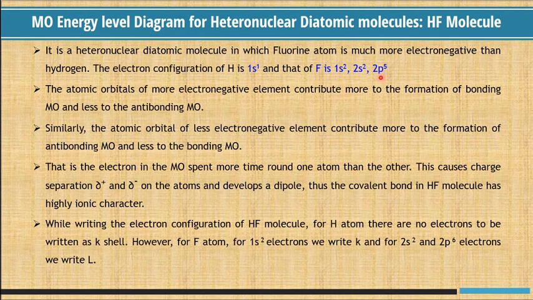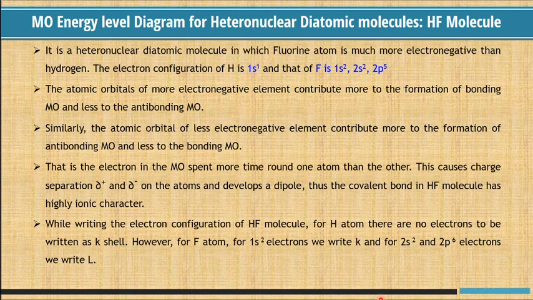While writing the electronic configuration of the HF molecule, for the H atom there are no electrons to be written as K shell. However, for the F atom, for the 1s2 electrons we write K, and for 2s2 and 2p6 we write L, because we know that in the structure of the atom there are K, L, M and N shells present.